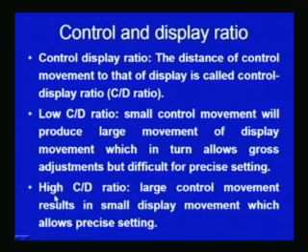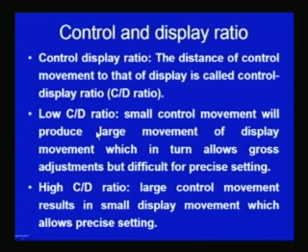On the other hand, a high C by D ratio results in a large control movement for a small display movement, which allows precise setting for achieving the desired function. So, the C by D ratio is very important in designing control and display devices.